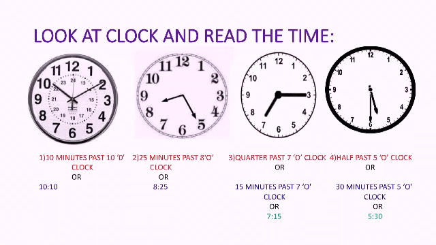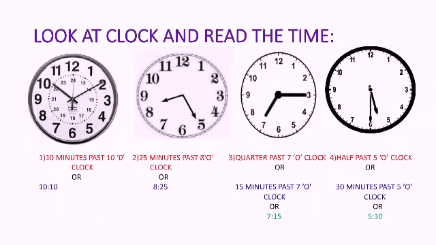Similarly, look at the fourth one. The minute hand is pointing at 6 and the hour hand is between 5 and 6. The hour hand being between 5 and 6 means it has left 5's place and is arriving at 6. That means it is still 5 o'clock. When the hour hand is between 5 and 6, still it is 5 o'clock.